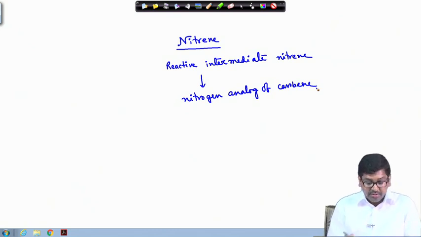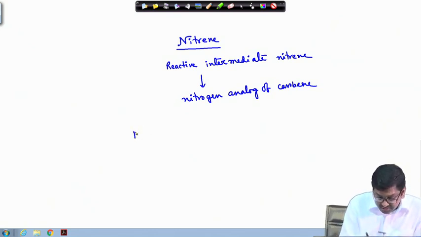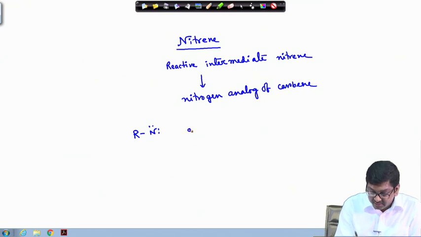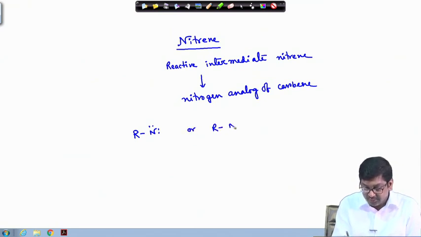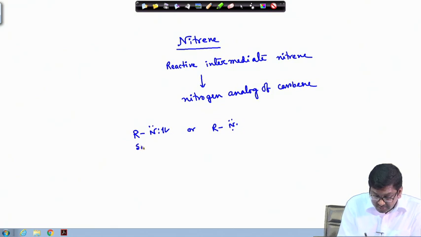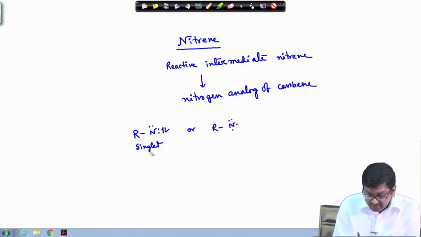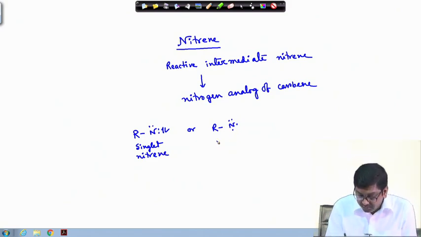Now, if we see their electronic structure, in general they could be this or they could be like this. This is called singlet nitrene and this is called triplet nitrene.